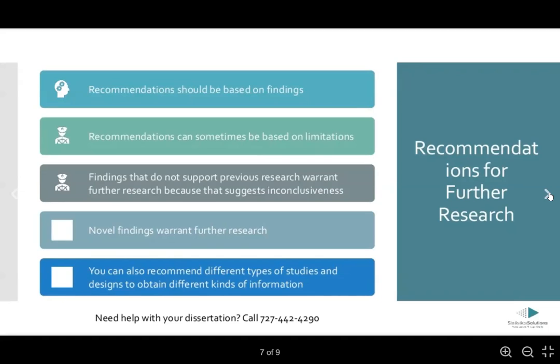You can also recommend modifications to the actual research method or design that you've used. So if you have done a quantitative study and after going through your results, you feel that you've got some good results, but you didn't really get down to the why of whatever you've observed.